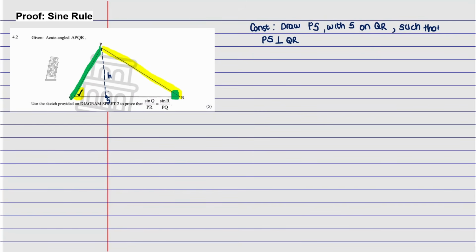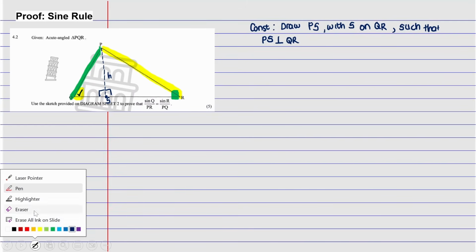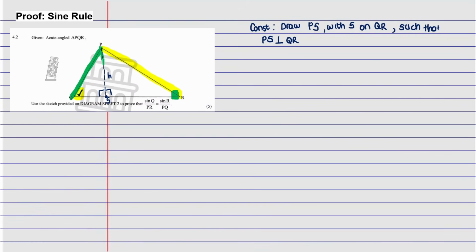But for us to find sine, we know that we have two right angle triangles, right? So for this triangle, I'm going to highlight this one in green for the sine Q1, and the sine R1, I'm going to highlight it in yellow, right? Do you see the fact that H is common in both of them? So meaning we're going to make H the common thing that we're going to equate the two.